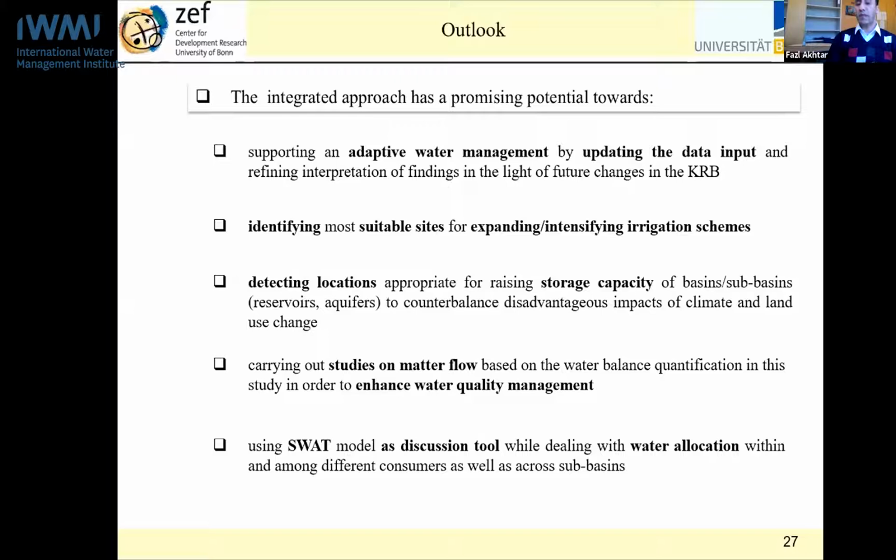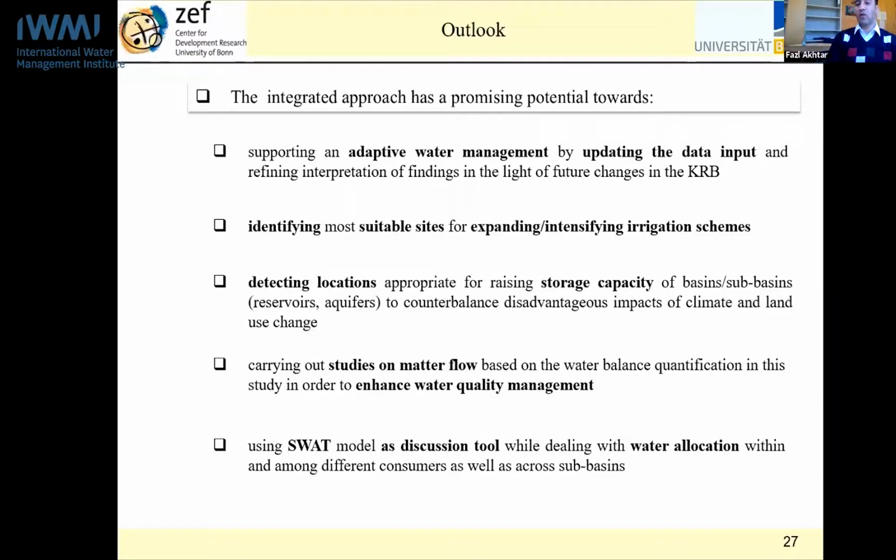We also need further studies. Okay, peak flow comes, monsoon showers come, temperature is going to increase, precipitation pattern is going to change from one period to another period. We also need to look at the matter flow, for example, the suspended particles, the sediment load that's going to be carried out by the massive flow within this basin.